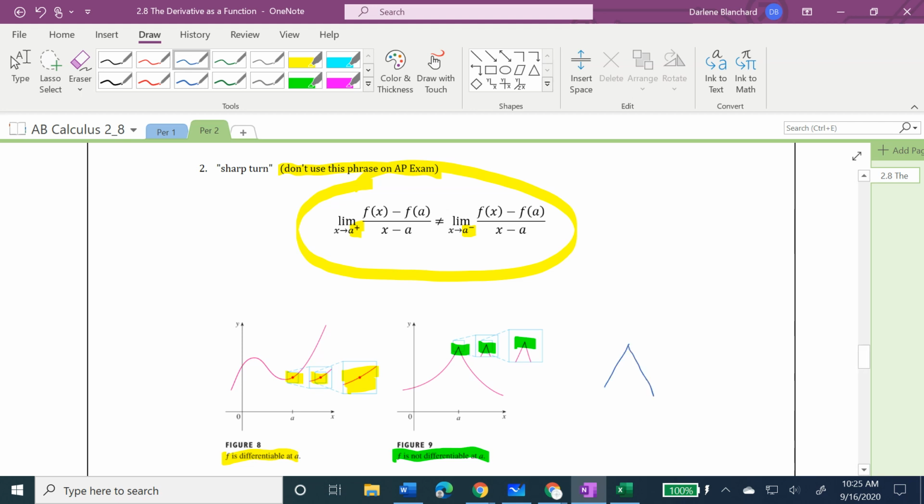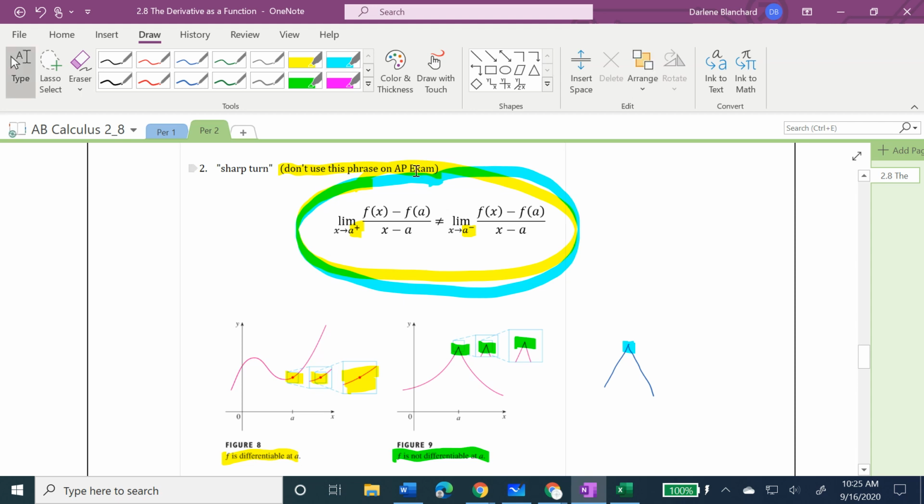Because if it is differentiable everywhere but that point, you're going to see what the tangent lines are over on the left and the right. But at the one specific x coordinate, it is not differentiable. Again, this is the phrase you need to be using on the AP exam if you are justifying that.